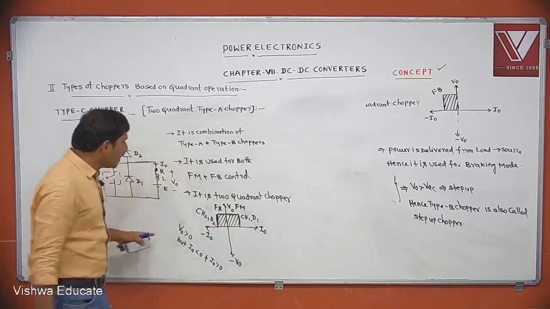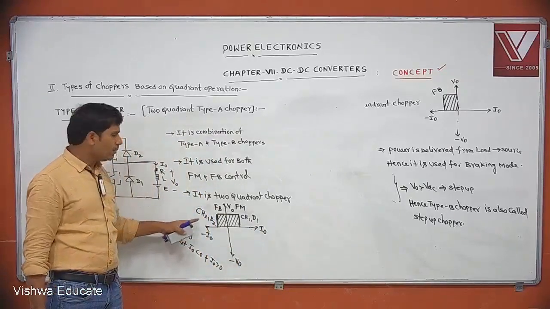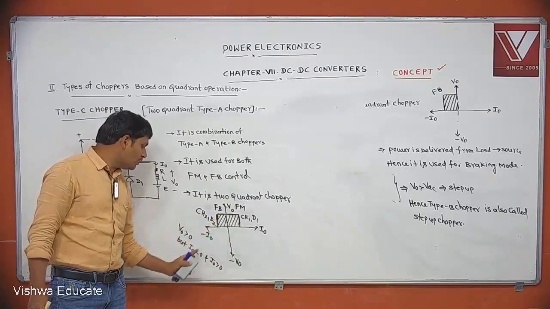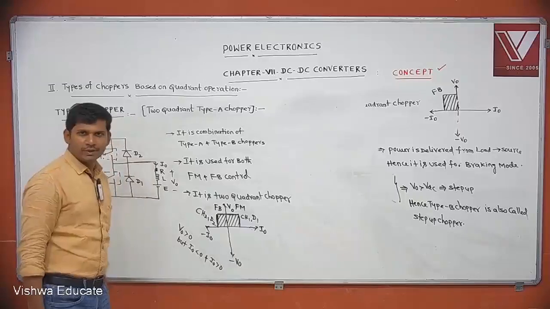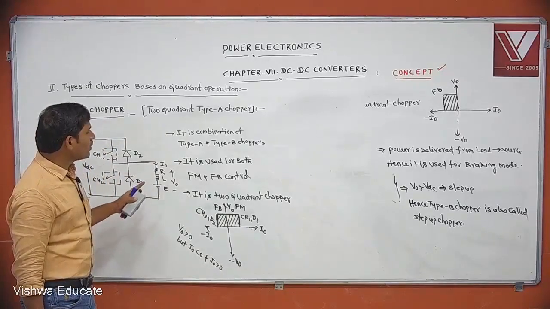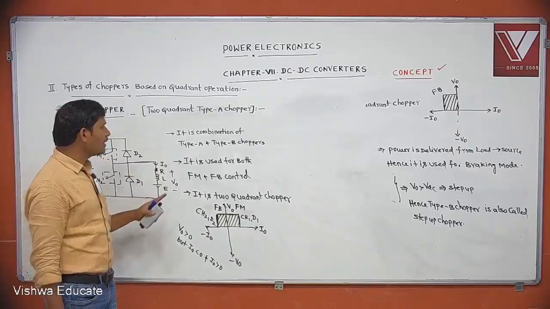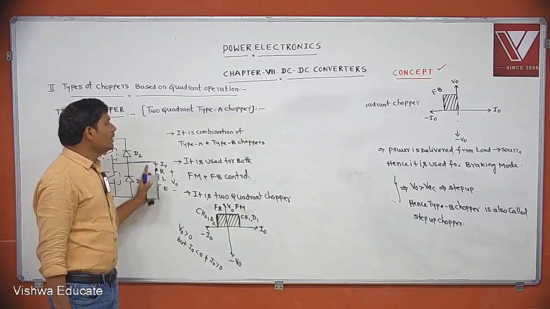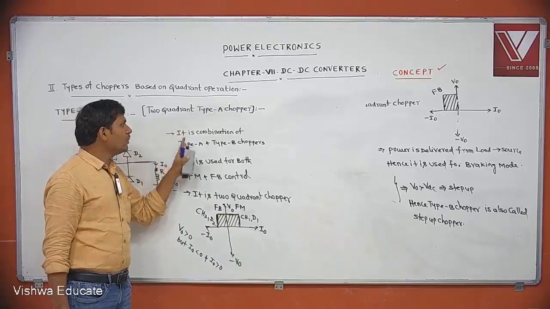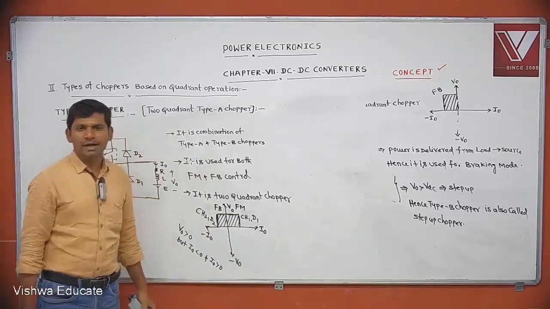V0 is always positive, but current is either positive or negative. This is a two quadrant chopper. It is used for both forward motoring and forward braking control. This chopper is also called two quadrant type A chopper. It is a combination of type A and type B.